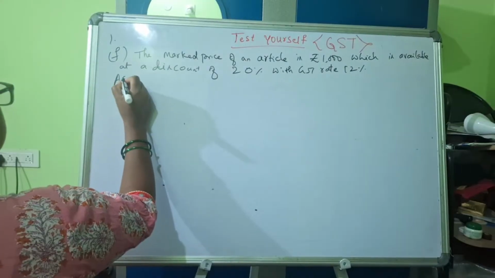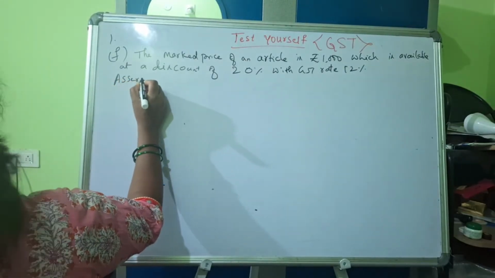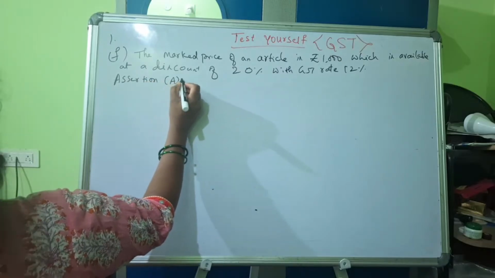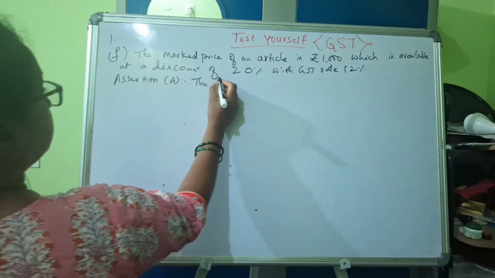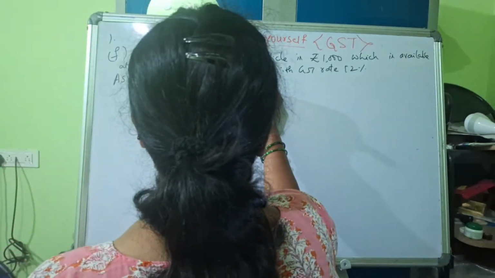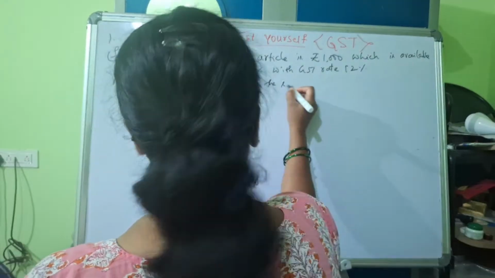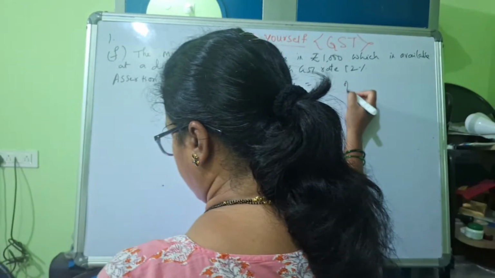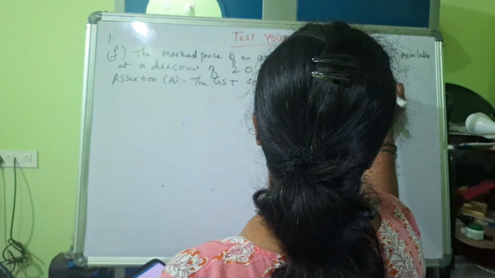Assertion: The GST on the sale is equal to 12% of the discounted value.